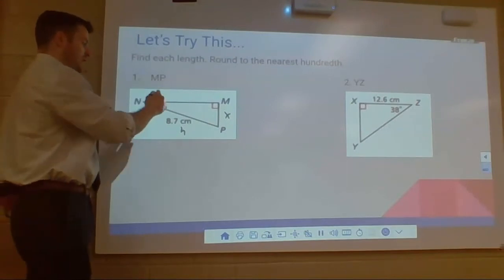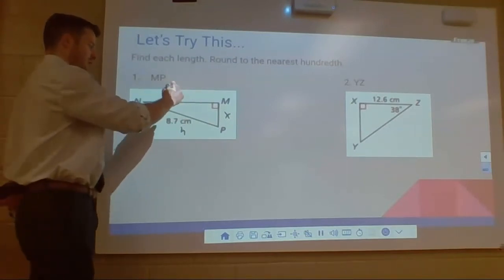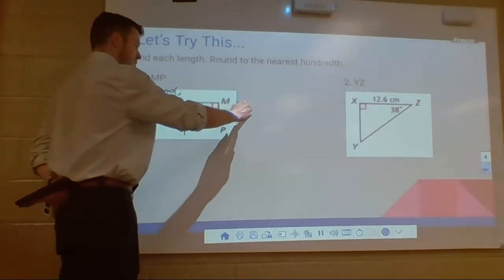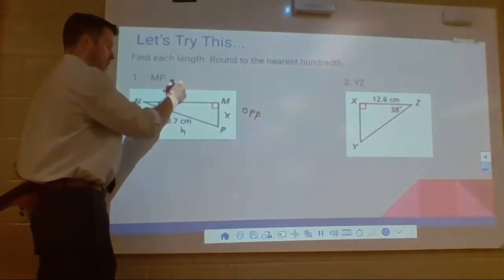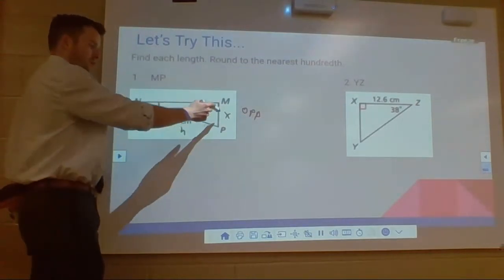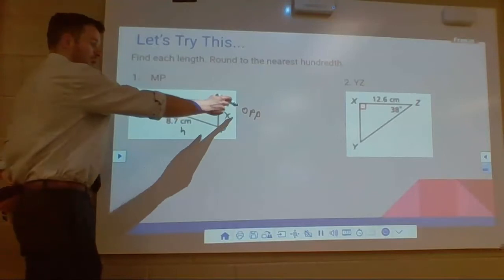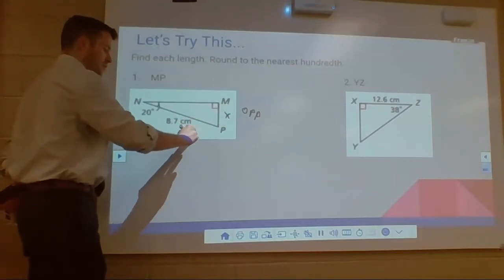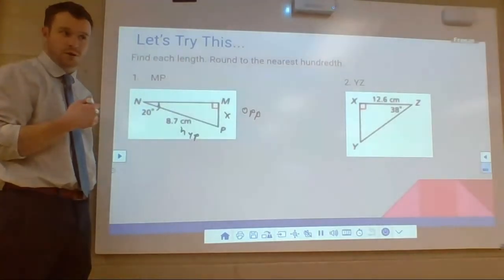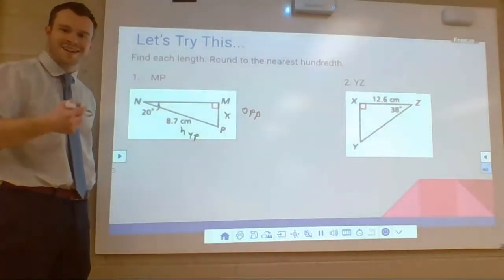Well, NM is the adjacent side, right? Across from angle N is the opposite side. So we're not going to use the adjacent side. We know nothing about it. We know the hypotenuse, and we're trying to find the opposite. So opposite and hypotenuse, which trig ratio involves opposite and hypotenuse? That's right, it's sine, right?